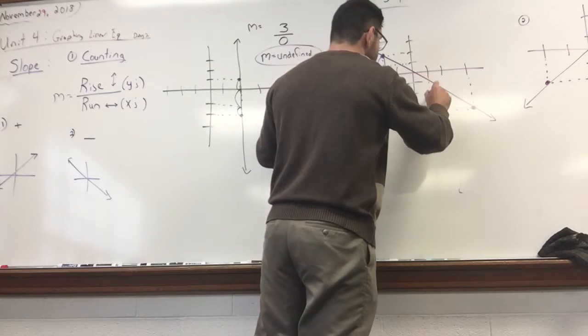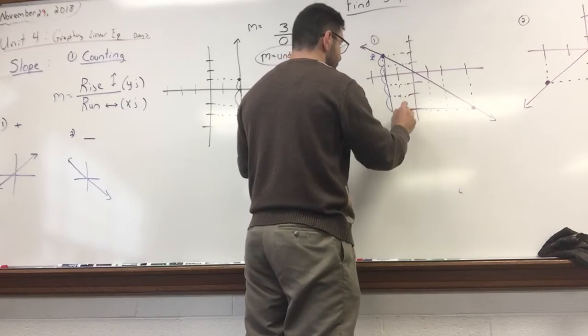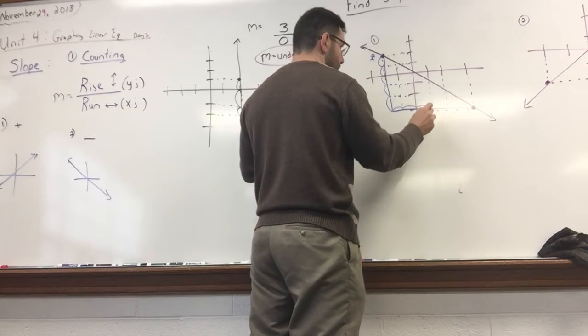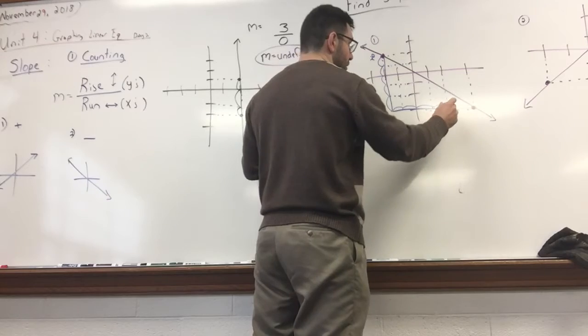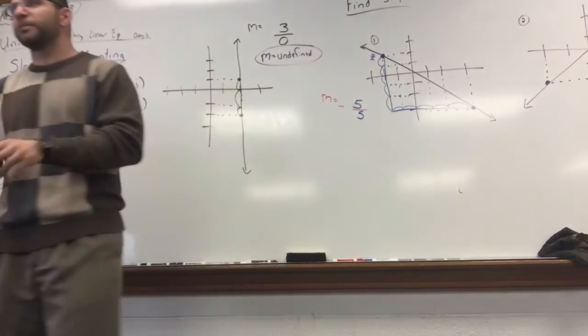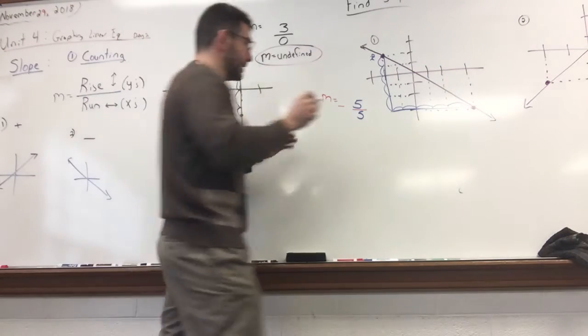Now we have to look at the runs. So I'm going over 1, 2, 3, 4, and 5. So I've got a slope of negative 5 over 5. Is that correct? Isabel, you're shaking your head no. Why not? You have to simplify it.